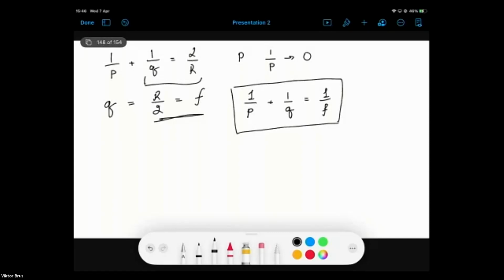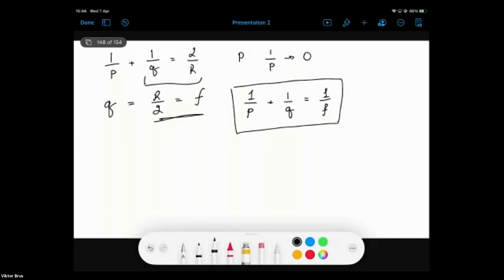So for instance, in this image, we have a convex mirror, and this focal distance, the distance from the center of the mirror to the focal point, will be taken as negative.